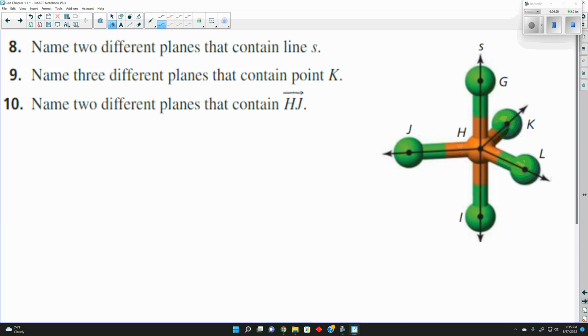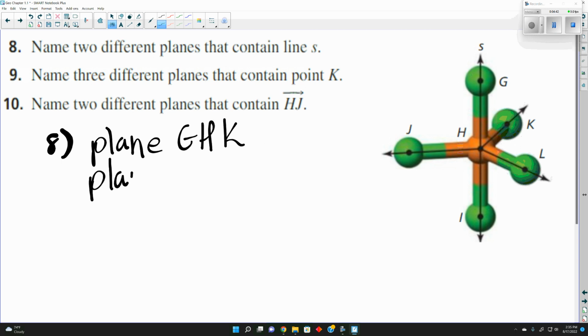Okay, number 8. Name 2 different planes that contain line S. Yes, GHK. I heard someone else. Couldn't hear what they said.